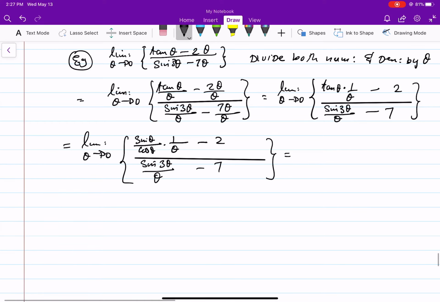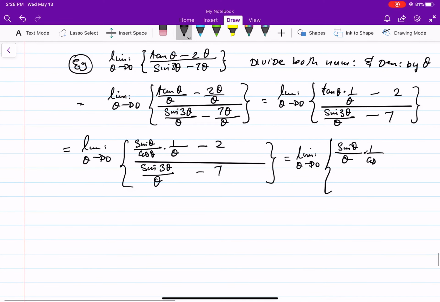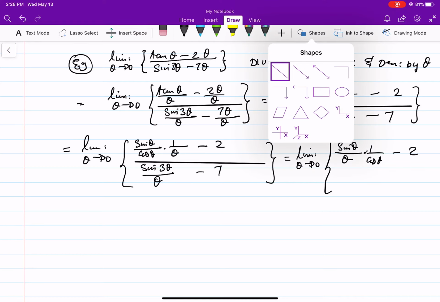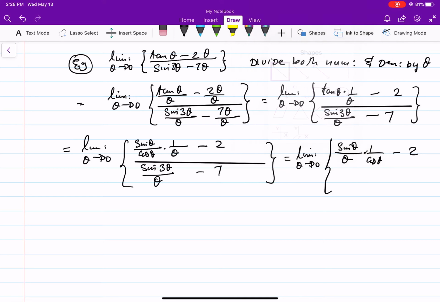This becomes the limit as theta approaches 0 of sine theta upon theta, that's fine, times 1 upon cos theta minus 2, all upon sine 3 theta upon theta minus 7.